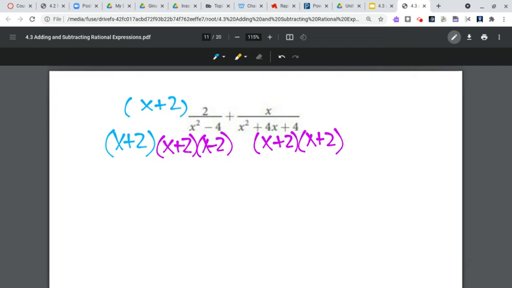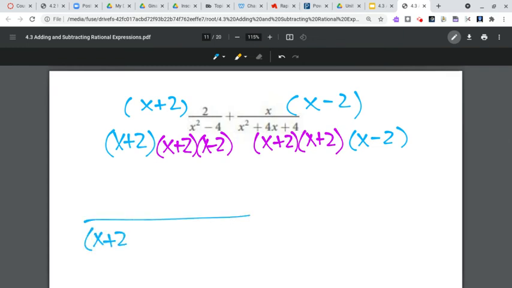And on the right, I'm going to need an x minus 2. Okay, so now my least common denominator includes x plus 2 squared, or I can just write it additionally next to it, times x minus 2.